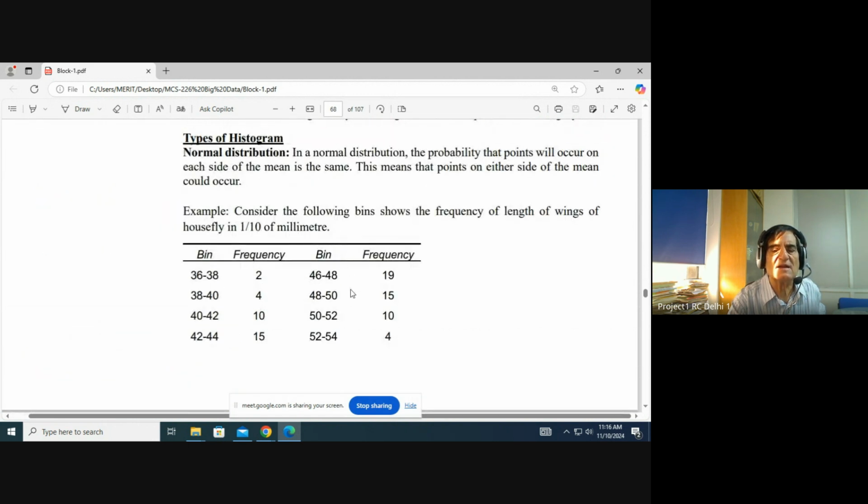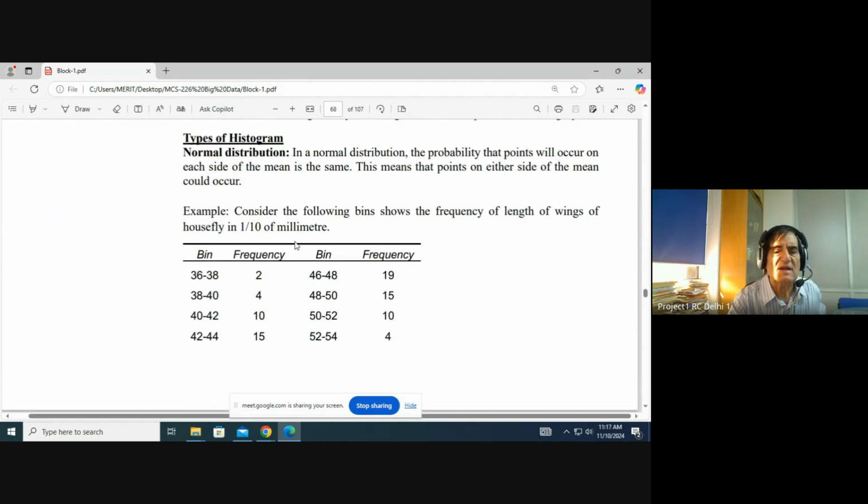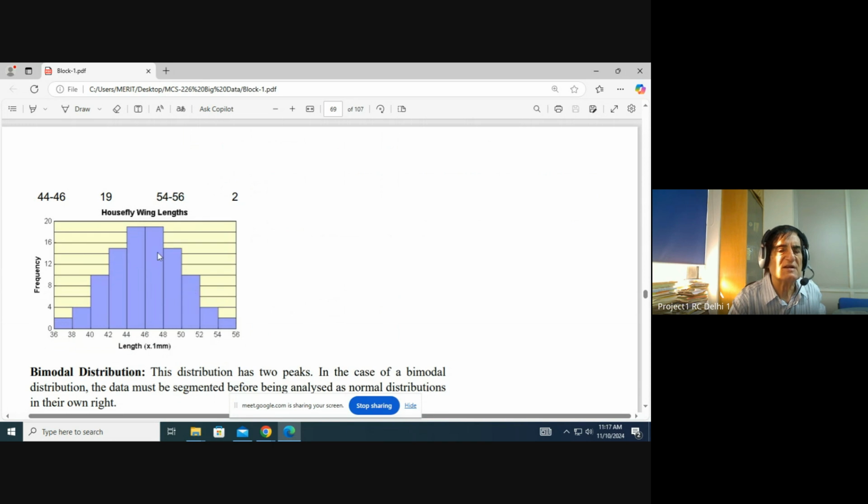Then 19, 46 by 18, and 15, 48 to 50. So this makes a histogram.